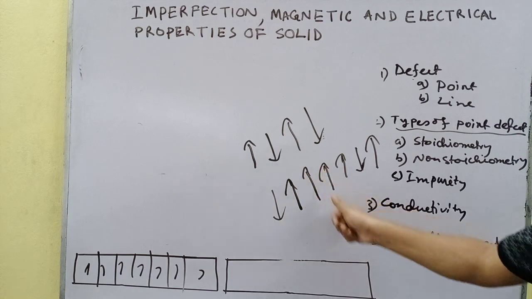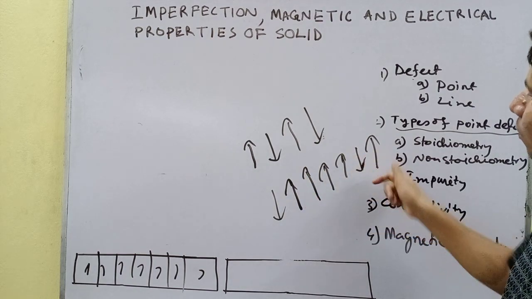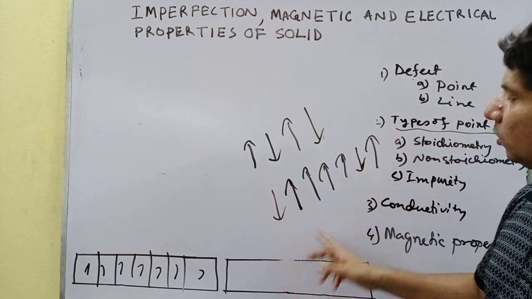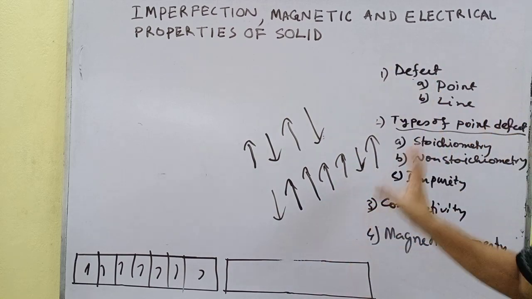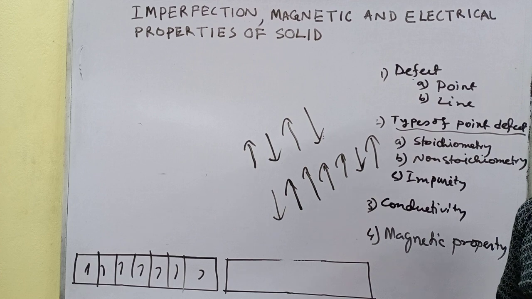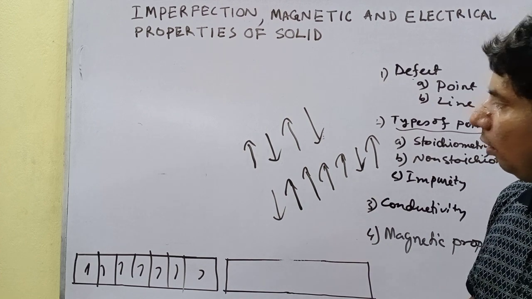That is positive, positive, positive, positive, negative, positive, negative. So there are 2 negative, 5 positive. In this way, the overall magnetic moment will be very low.